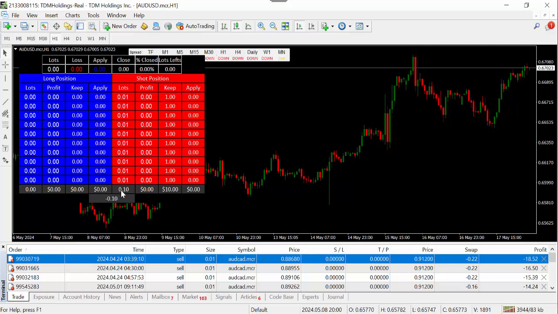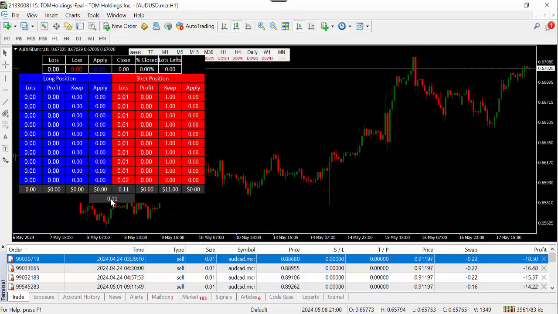We will now see that we have 10 instead of 11, so we can make one of these 0.02 because we have only columns for just 10 entries. So we put 0.02 here so that we get 0.11, which is our hedge value.